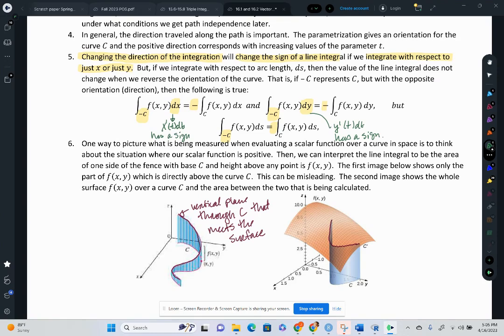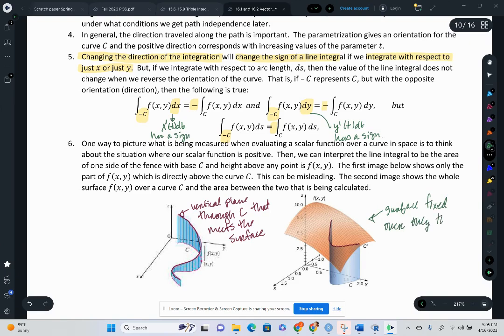And so these pictures, especially this one, are meant to help you to see that. So this is the surface fixed over only the x and y values on the curve C.